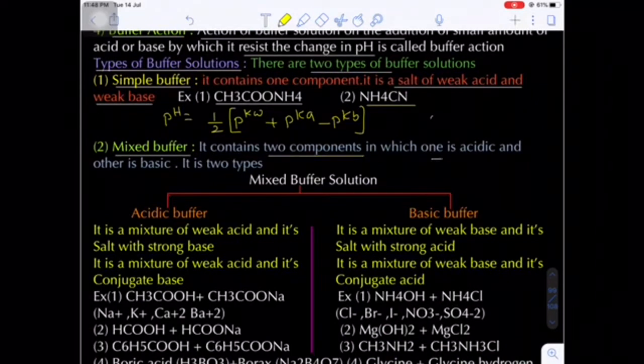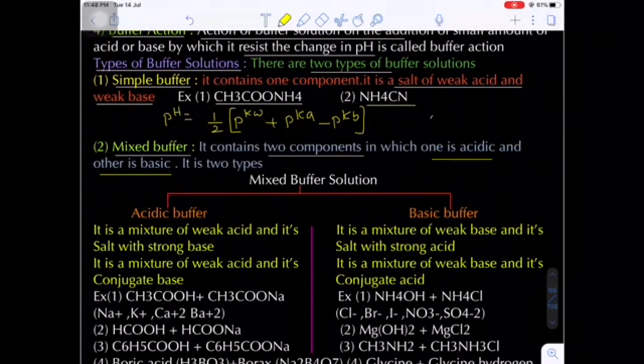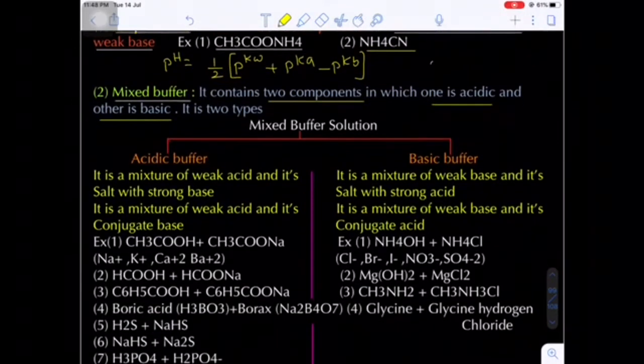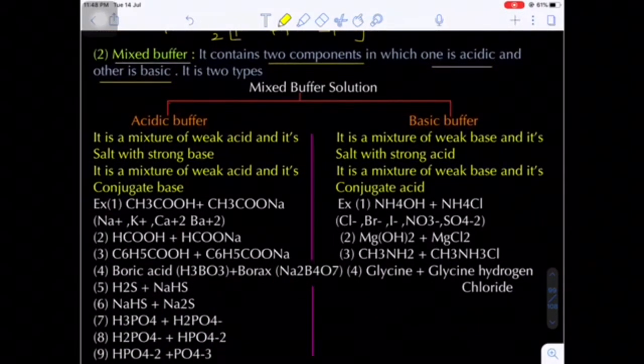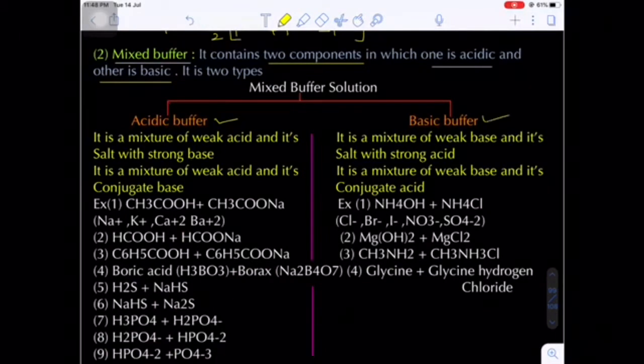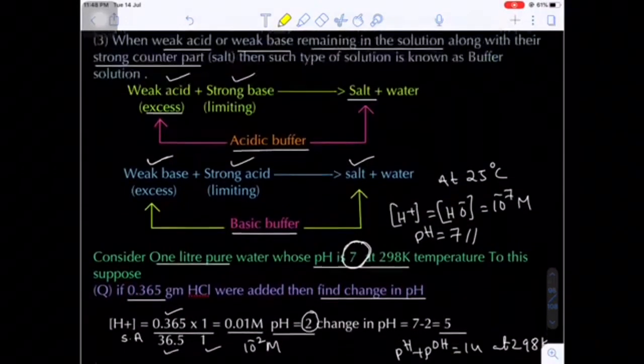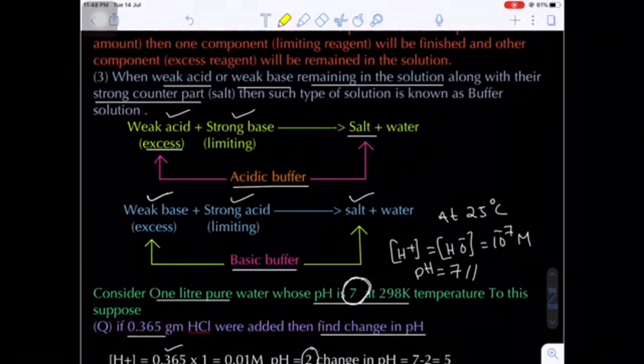Now, the second category, mixed buffer, contains two components, in which one component will be the acidic part and the other component will be the basic part. Okay, now here mixed buffer solutions are again classified into two types. Number one, acidic buffer. Number two, basic buffer.